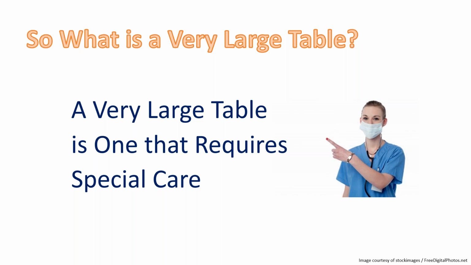I need to use new tools in order to cope with the size. This is the point where it becomes very large, because for one person in one environment, a 5 terabyte table might be considered very large, but for another environment, another person, this might be considered a small or medium-sized table, where we can use the same processes, the same tools, the same skills to do everything like we do with the 1 gig table.